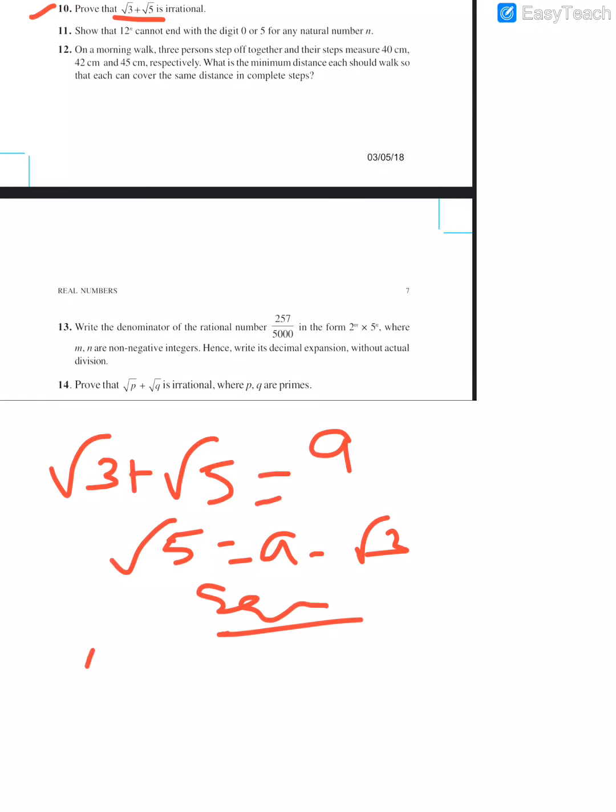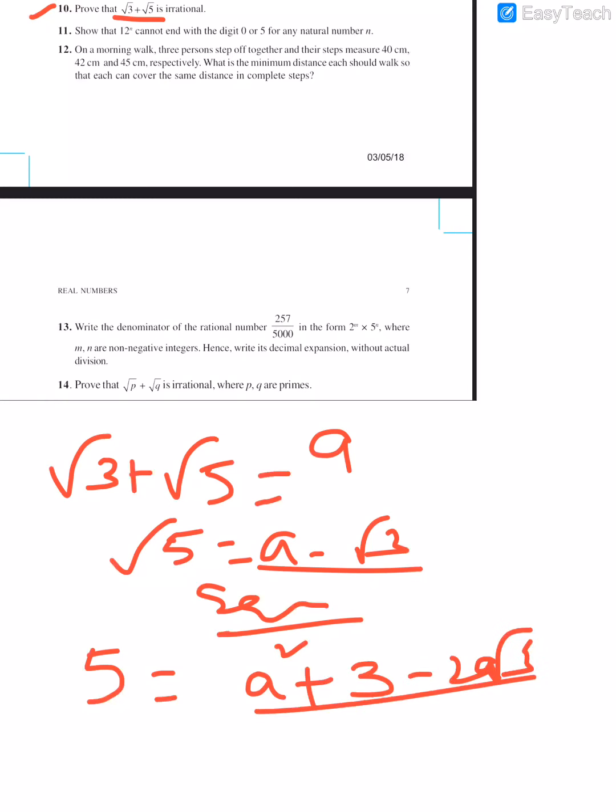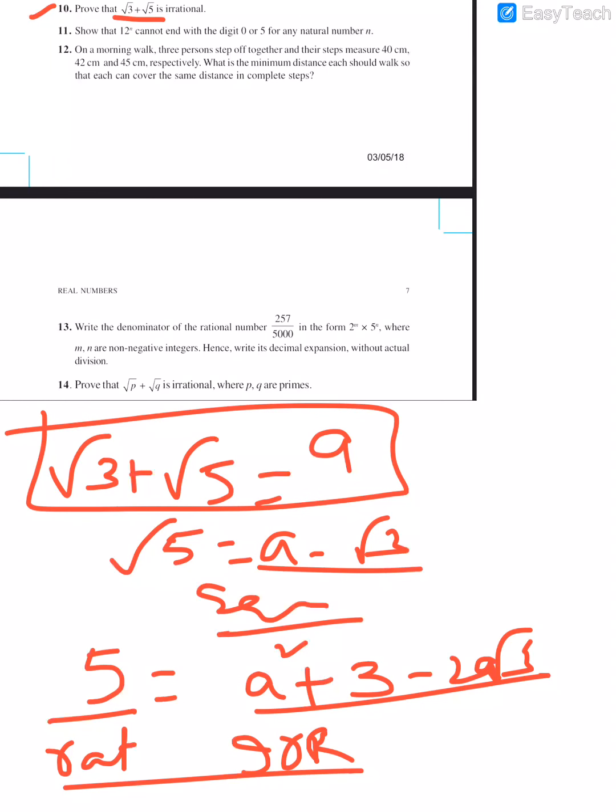Squaring on both sides, root 5 square is 5. Squaring the whole, a square plus 3 minus 2 root 3, sorry 2a root 3. So on RHS it is irrational number, and LHS it is a rational number, which is a contradiction arisen because of our wrong assumption. So root 3 plus root 5 is not rational, it is irrational. That is how you will write.